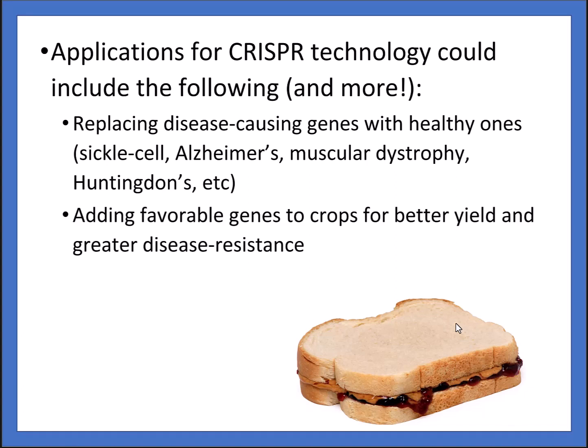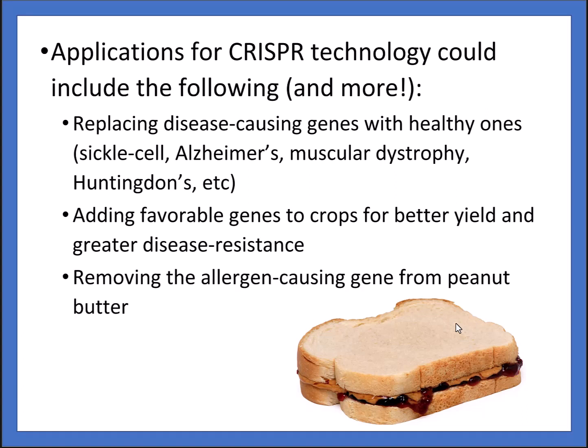We could also add in favorable genes to crops for better yield and greater disease resistance. And another example might be removing the allergy-causing gene from peanut butter. So the gene in the peanut that's causing the allergy in humans could be removed, making it hypoallergenic.